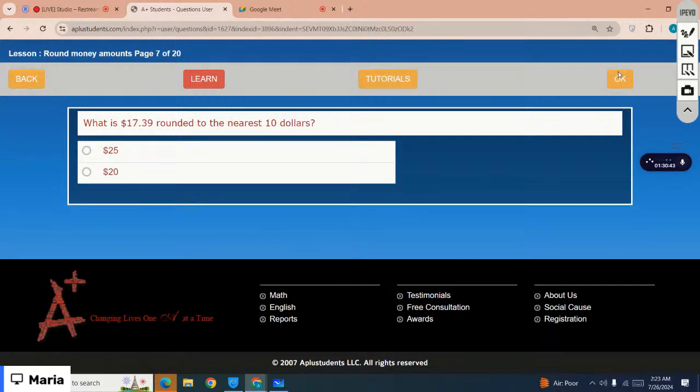What is 17.39 rounded to the nearest $10? So which is the correct option?